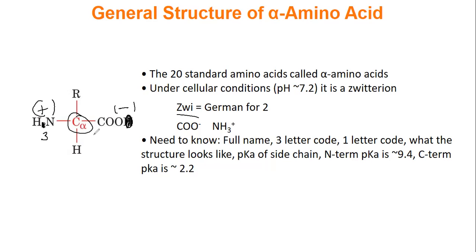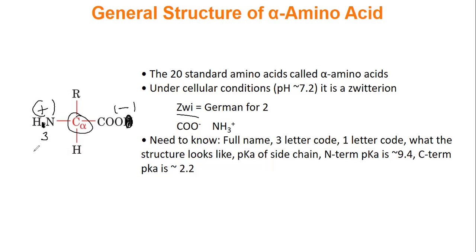So we need to know the full name of all of our 20 amino acids, the 3-letter codes, the 1-letter codes, and what our amino acids look like. We have to know which side chains are ionizable, the pKa of our side chains.